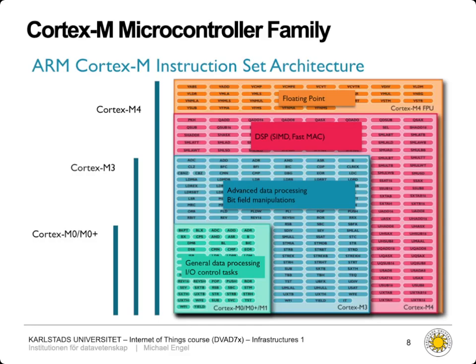The Cortex M4 has floating point and also digital signal processing features. So you can directly work on floating point numbers in hardware, which makes everything that requires floating points significantly faster.